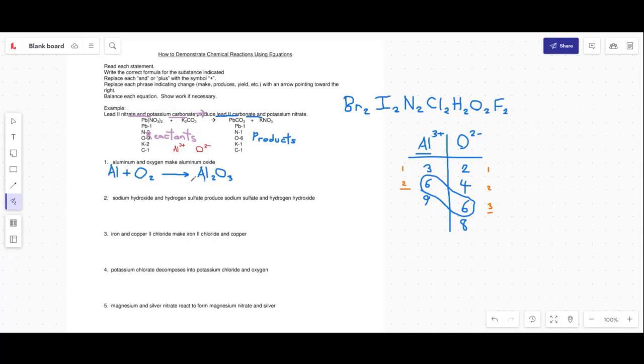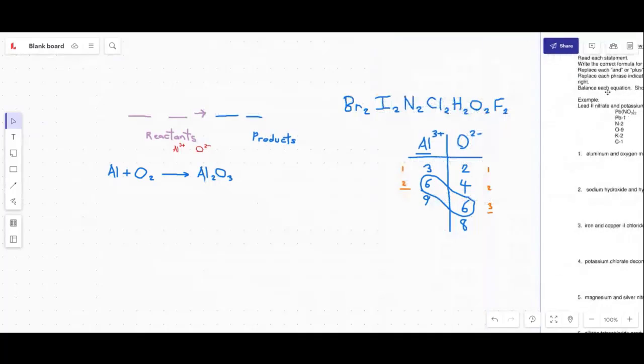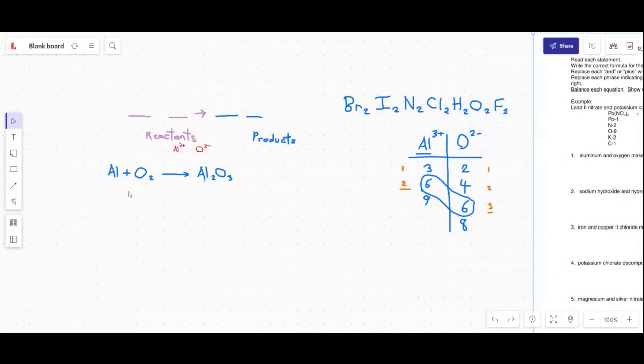So now we have to balance the equation. And to balance the equation, what I usually like to do is list out our elements. So I'm going to take our equation here, and I'm going to move my sheet over so that I can focus on the equation itself.